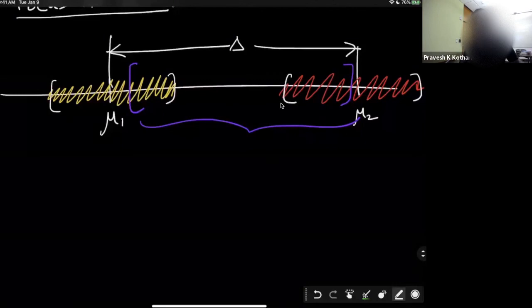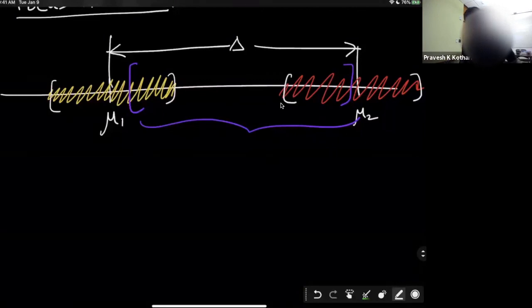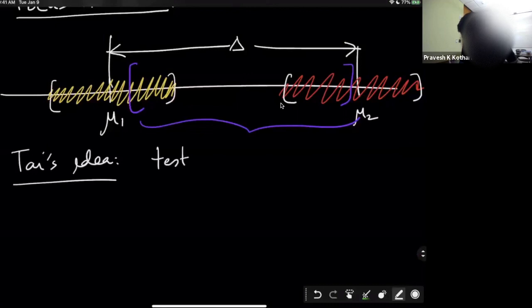So a natural idea is to check if the variance is appropriately upper bounded. That's Tai's idea, and in fact that's a great idea. Test that C hat has appropriately bounded variance.